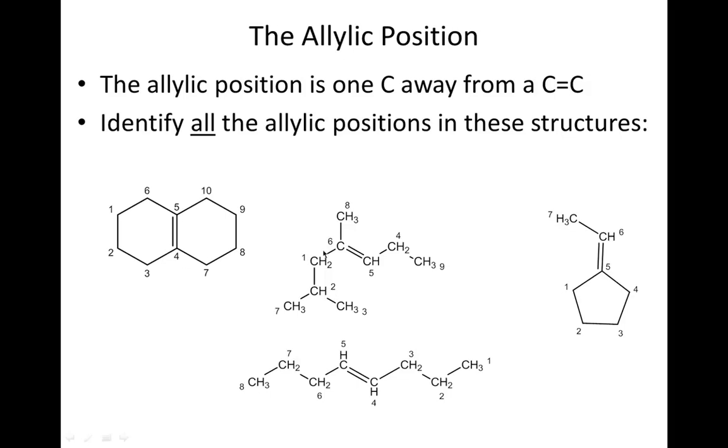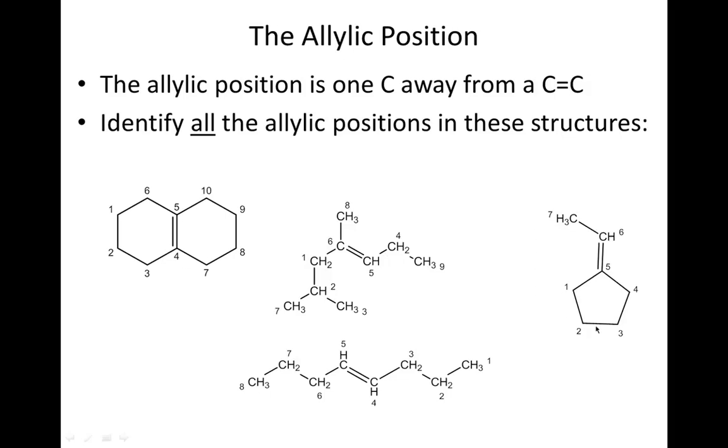By the way, these numbers have nothing to do with numbering of the chain. I just let the software number them. 1 doesn't look at all like number 4, even though they're both secondary. This one is next to a methyl, and this one's next to this other branchy stuff. And of course, number 8 is primary. So those are 3 uniquely different allylic positions, even though they're all allylic.